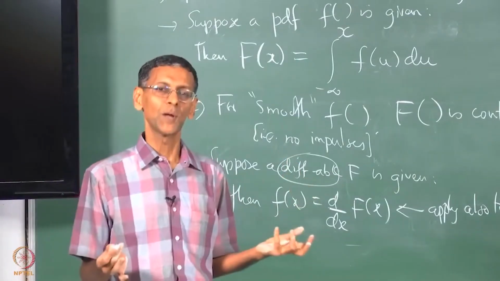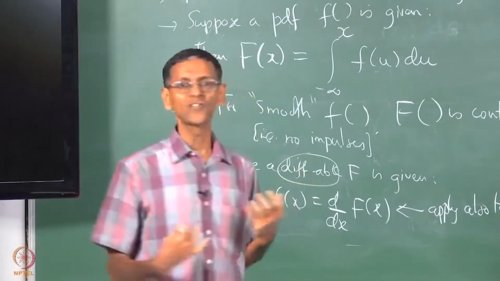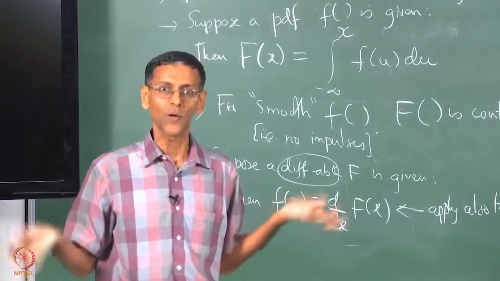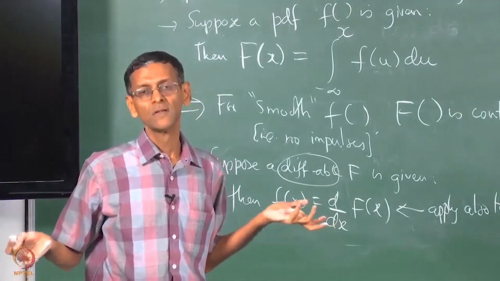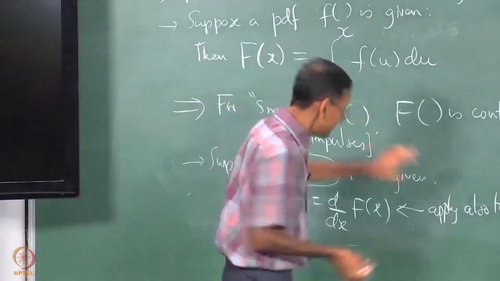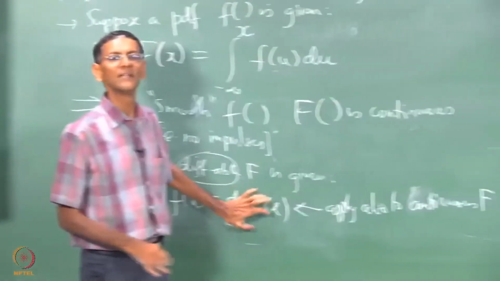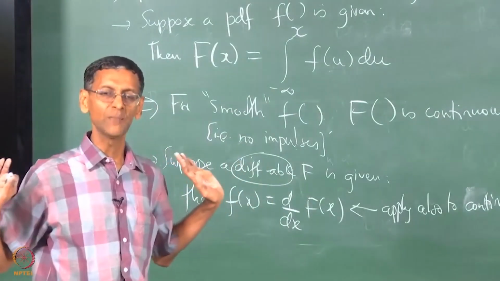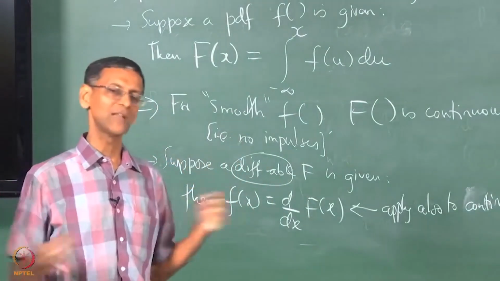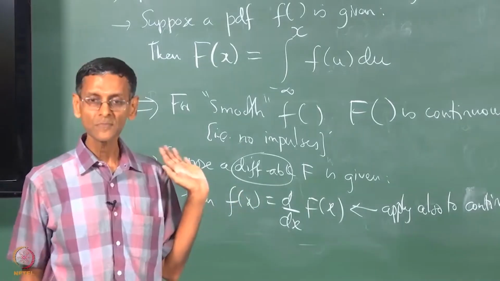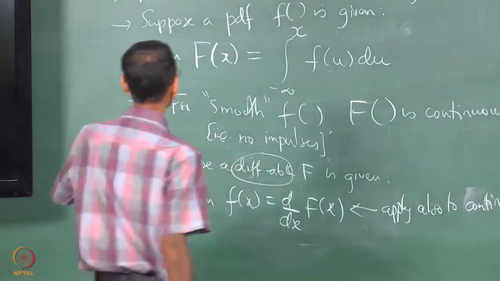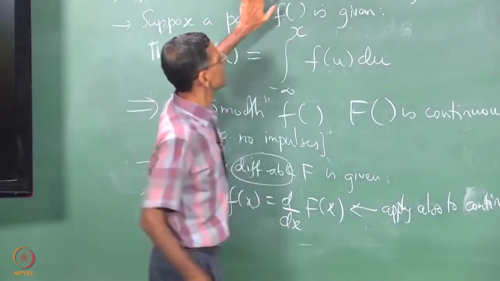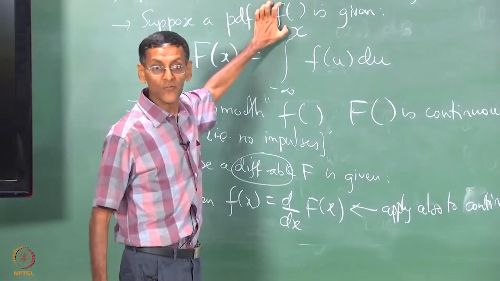It's only its integral that is a probability, and how you define it at the point of discontinuity doesn't change any probability calculation whatsoever. So I am saying that this differentiation idea we will apply as long as we can find some meaningful derivative at some point, either from the left or right. So jumps, in other words, we are perfectly okay with jumps in f.